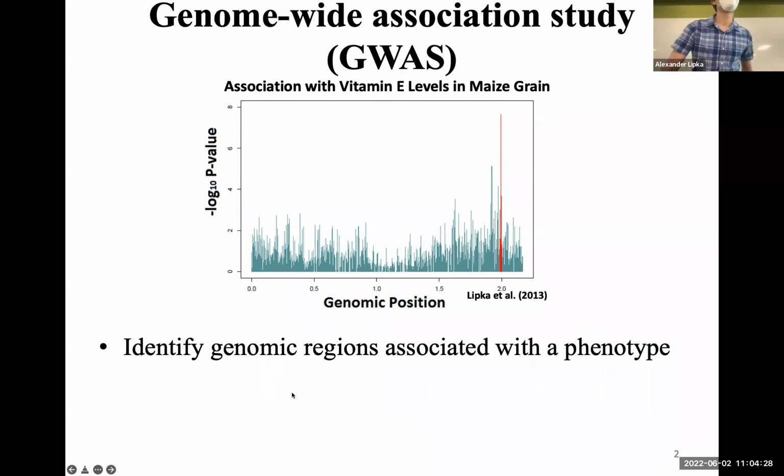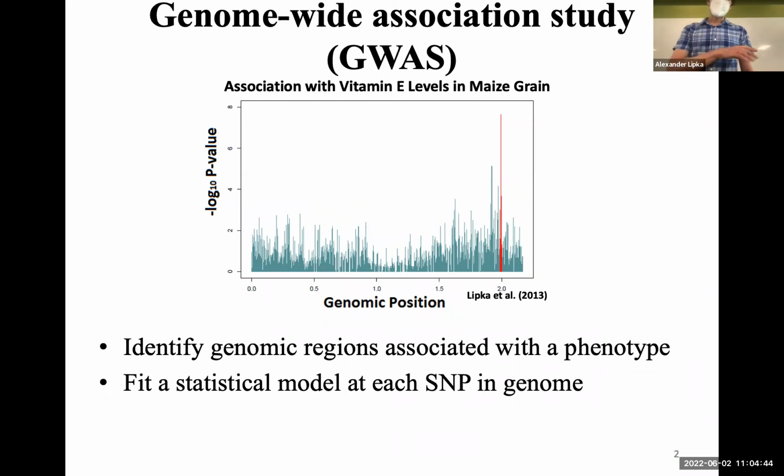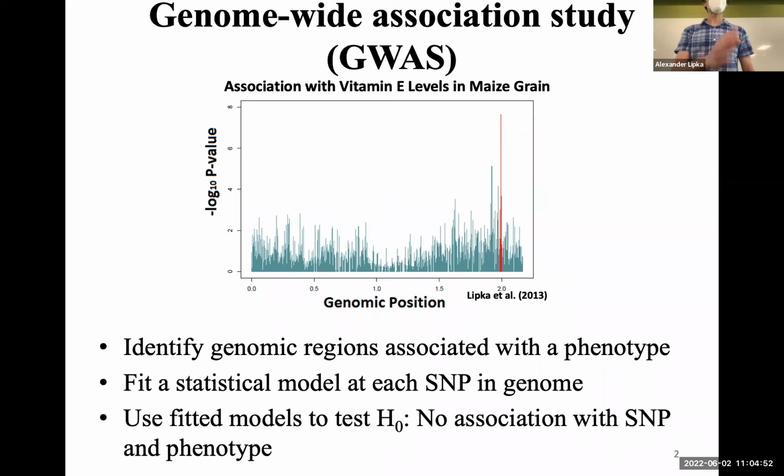Okay, so yeah, GWAS, right? We want to identify genomic regions associated with a phenotype. The way we do that is through a whole bunch of statistical tests of marker-trait associations. We have a genome-wide set of markers, and we fed our statistical model, which we reviewed in the previous set of slides. We want to test the null hypothesis of no association between the SNP and the phenotype.